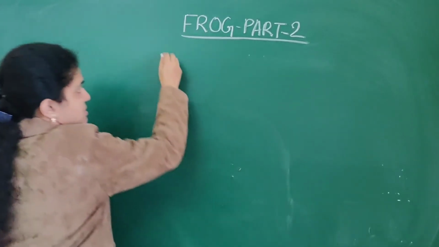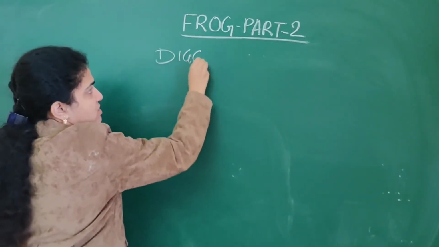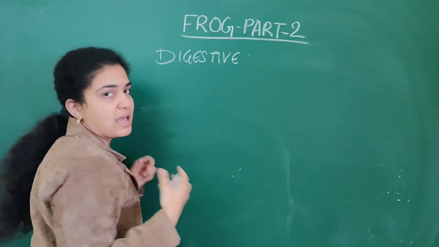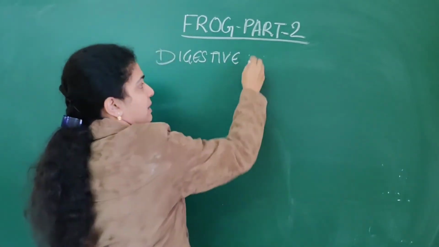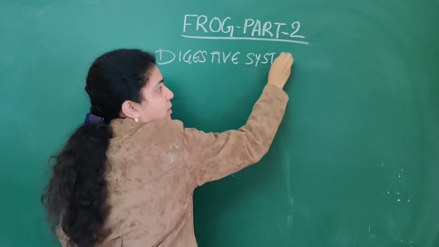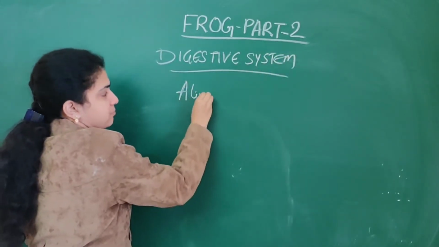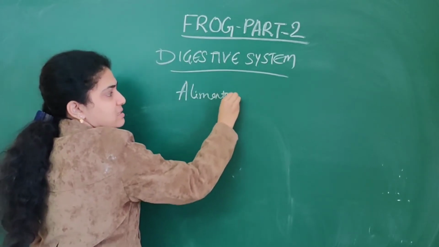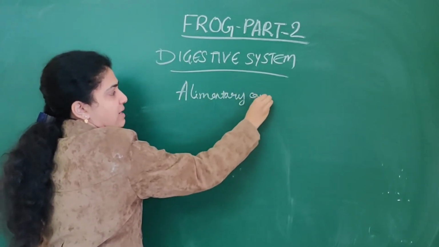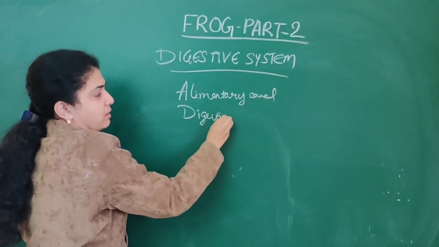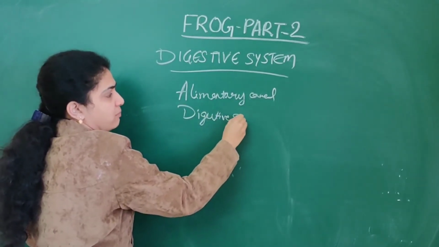In the digestive system of the frog, the digestive glands as well as the alimentary canal play a very important role. Alimentary canal as well as numerous digestive glands are present. These play a very important role in the digestive system of the frog.